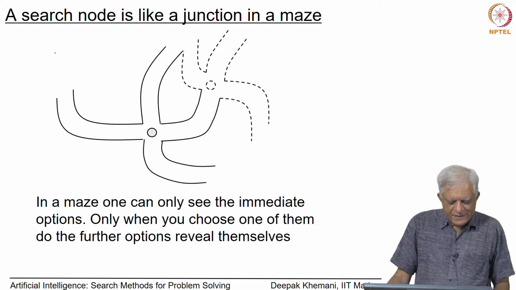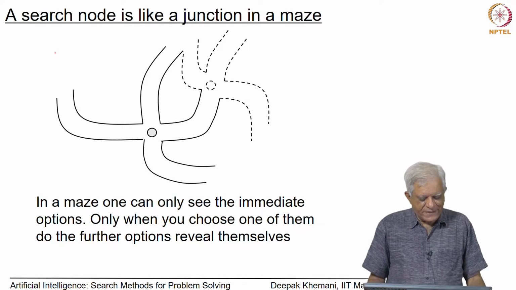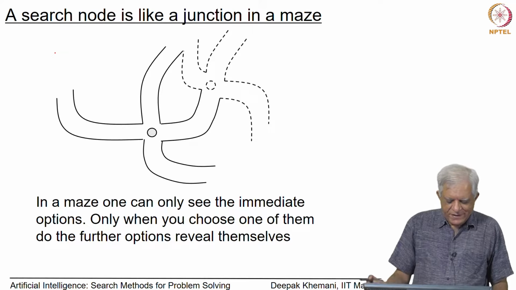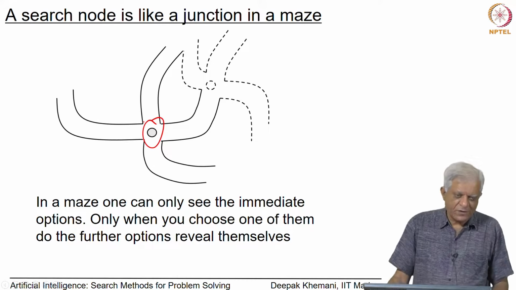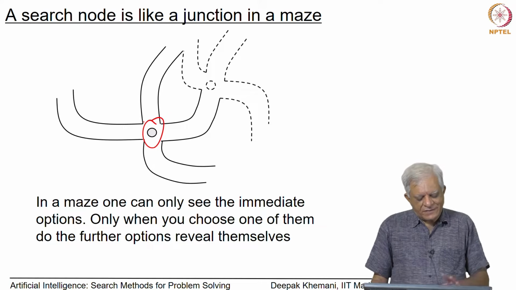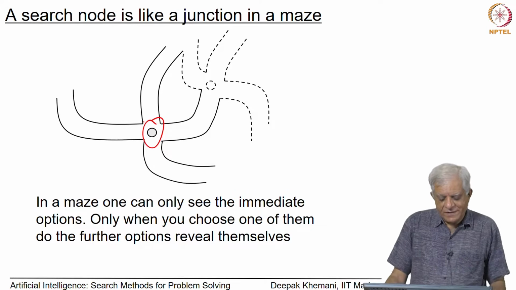Now, a search node in some space is like a junction in a maze. So, if you imagine that you are in this maze and you are at this node and you want to somehow get out of the maze, you cannot see the entire maze. As human beings, when we draw graphs, we can see a nice picture.